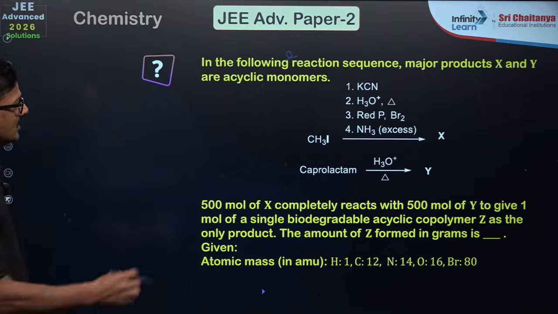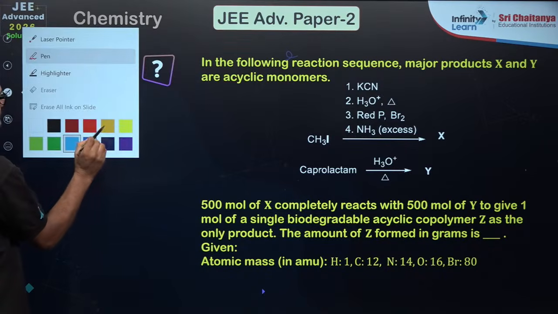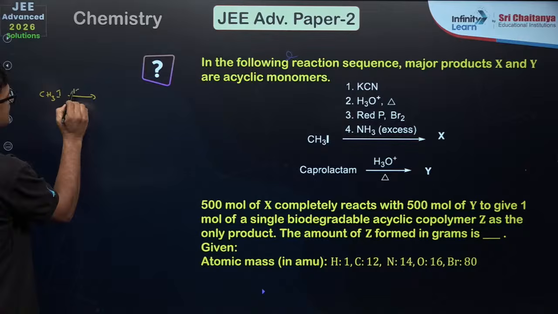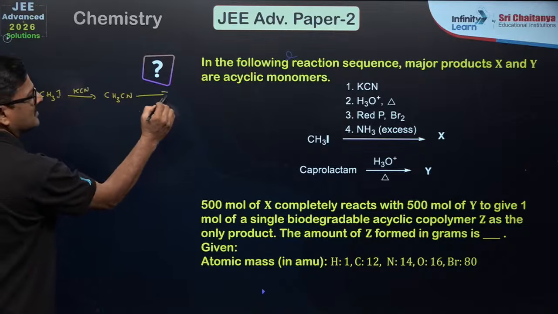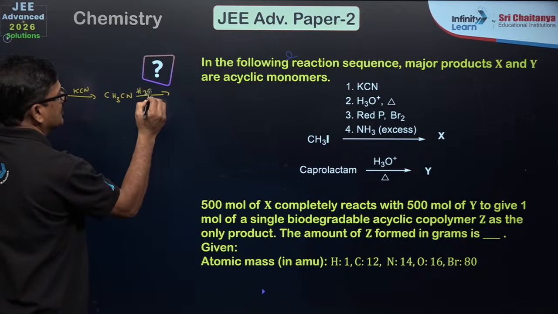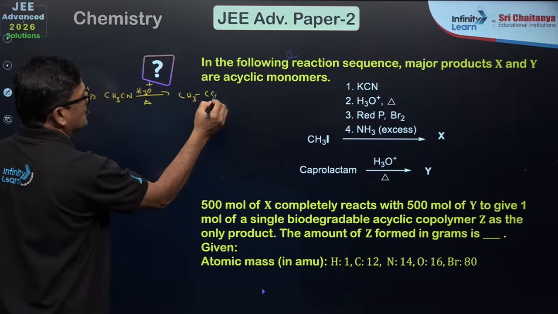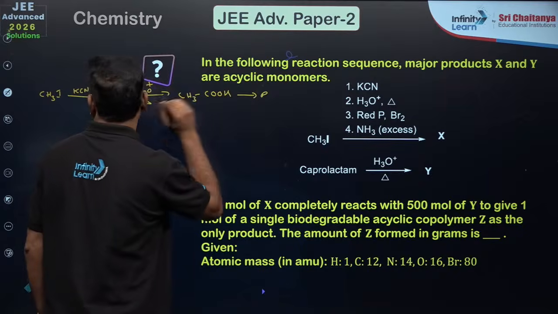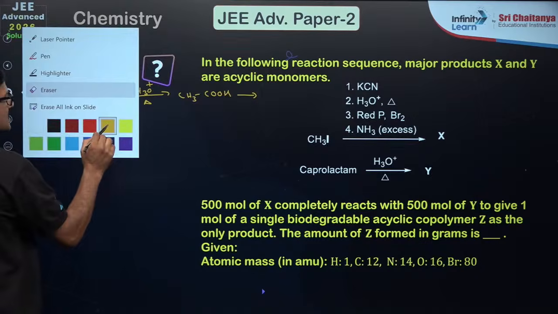Here, CH3I, when treated with KCN, gives CH3CN. When it is treated with H3O+ and heat, it gives CH3COOH, and on treatment with red phosphorus, it is the Hell-Volhard-Zelinsky reaction.